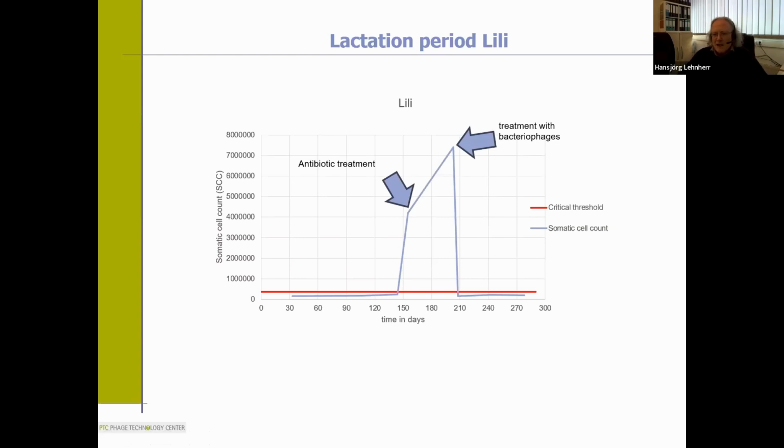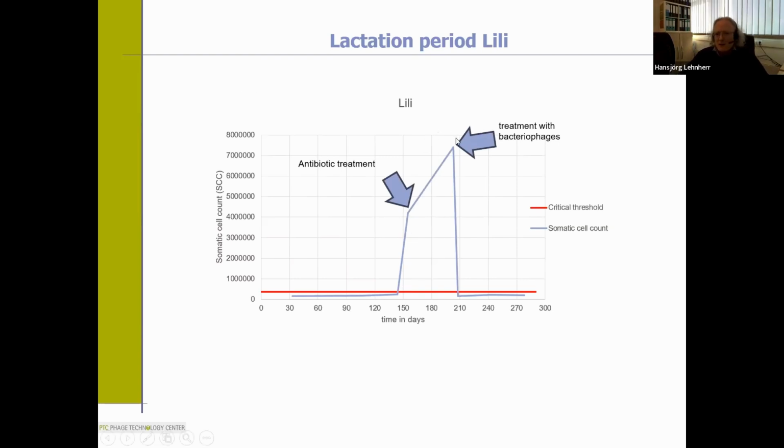But obviously the antibiotic didn't do its job, so the situation got worse. If you have a cow at this stage, the cow will very quickly be culled. So the farmer said, okay, you try the treatment with bacteriophages. If not, the cow will be culled.